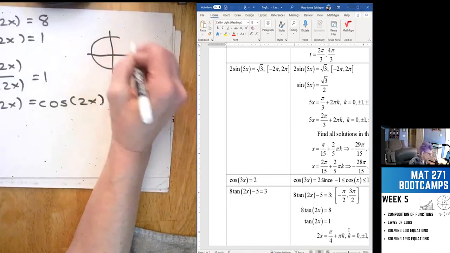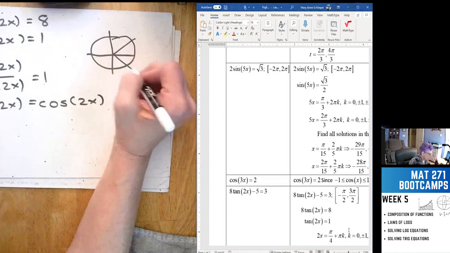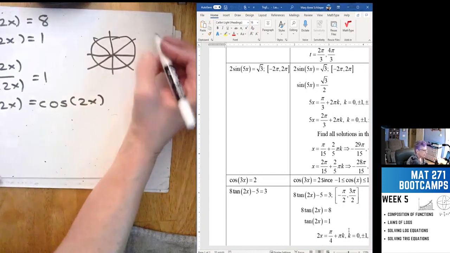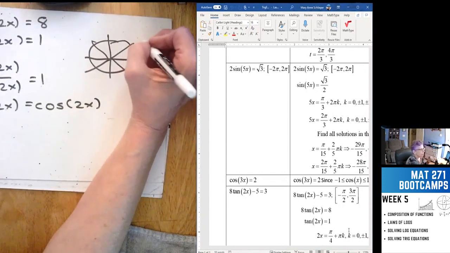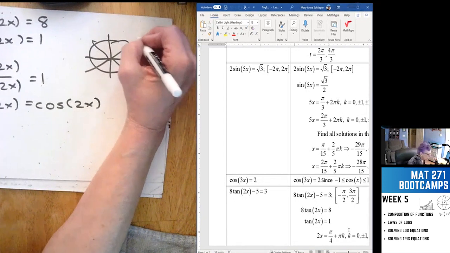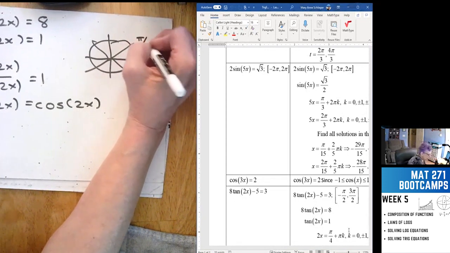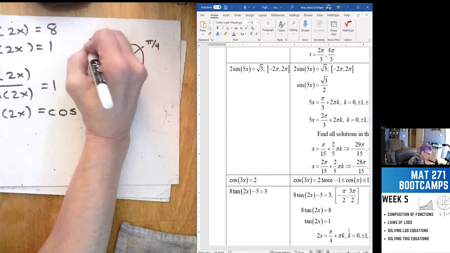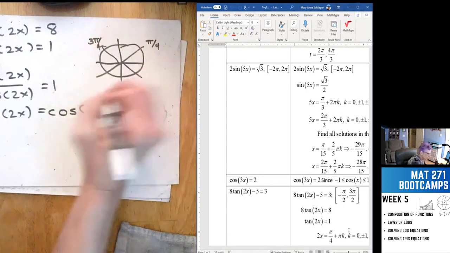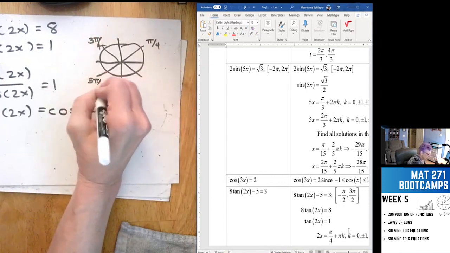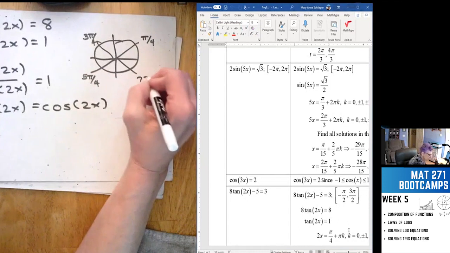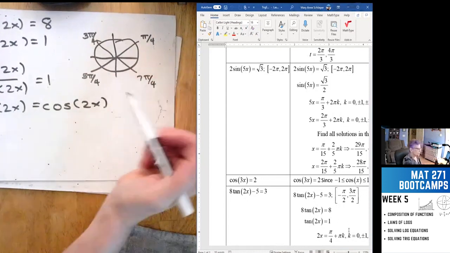Looking at our unit circle, we know that sine and cosine are both square root of 2 over 2 at pi over 4, 3 pi over 4, 5 pi over 4, and 7 pi over 4.